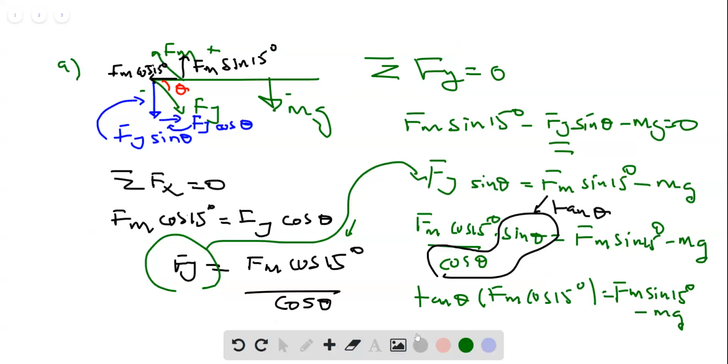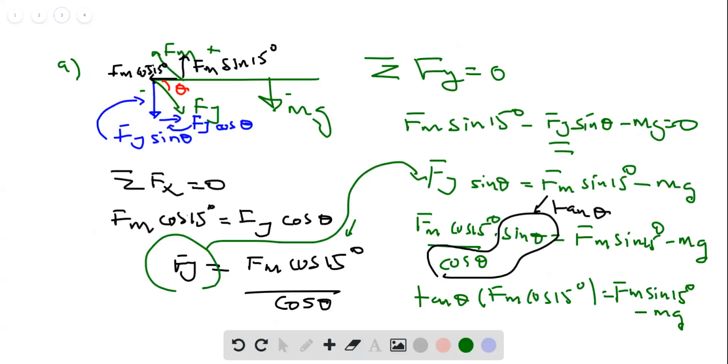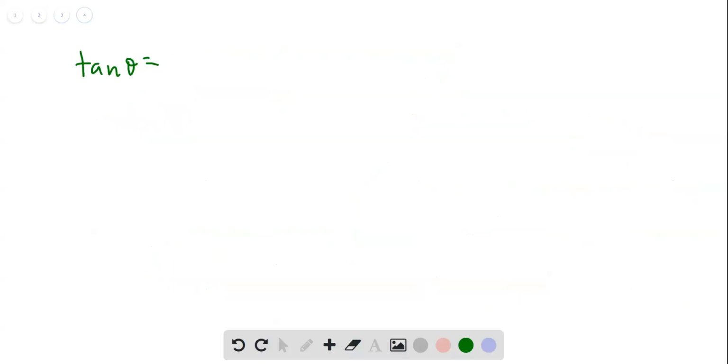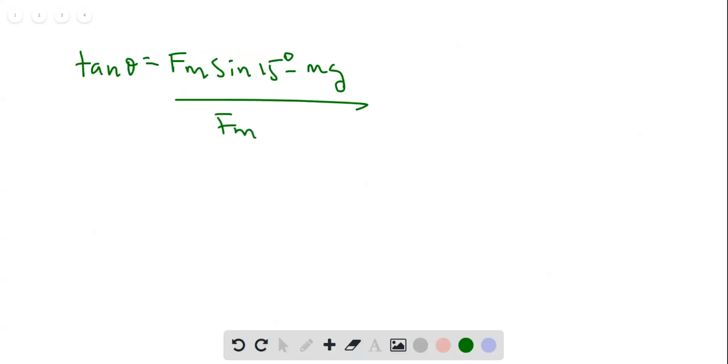So in the next page, our target is to solve for tangent of theta. So tan theta equals Fm sine of 15 minus mg all over Fm cosine of 15 degrees.